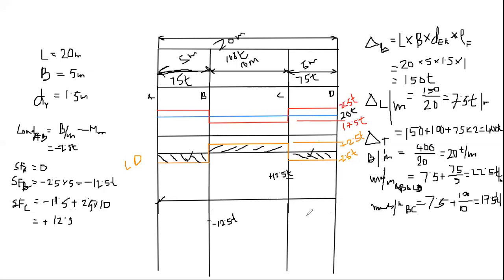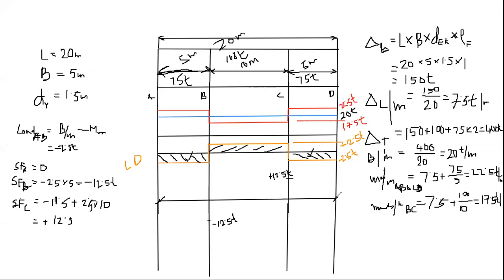So at the end, minus 12.5 plus 12.5 will become 0.